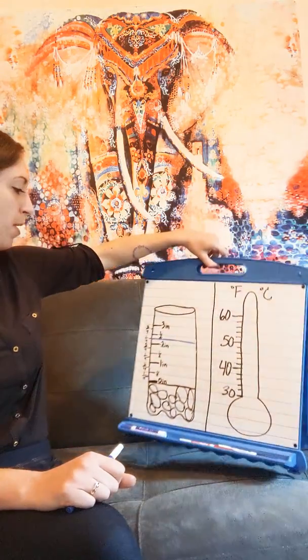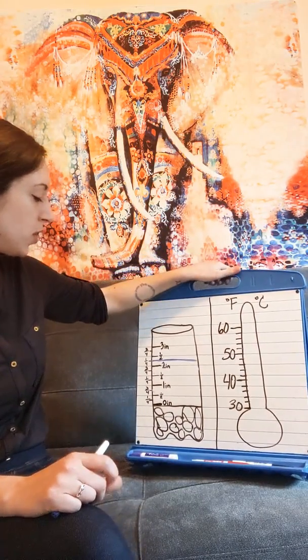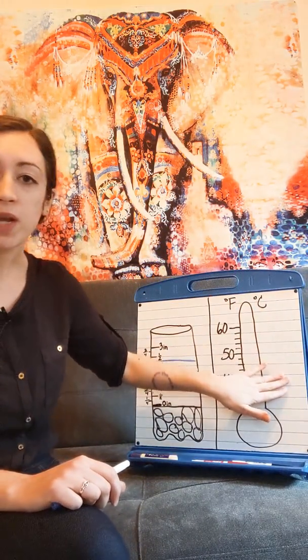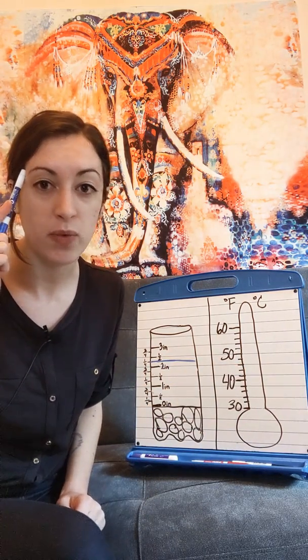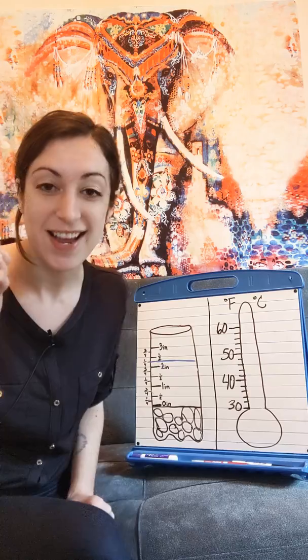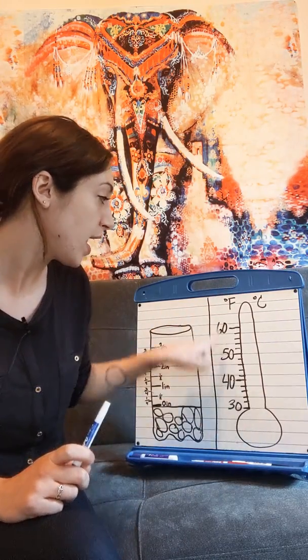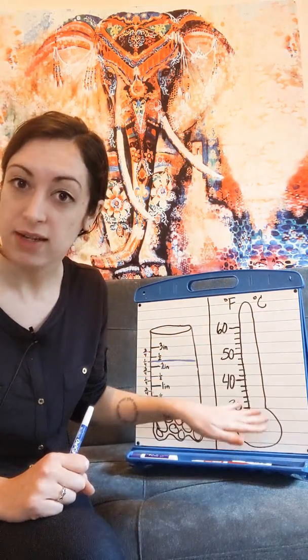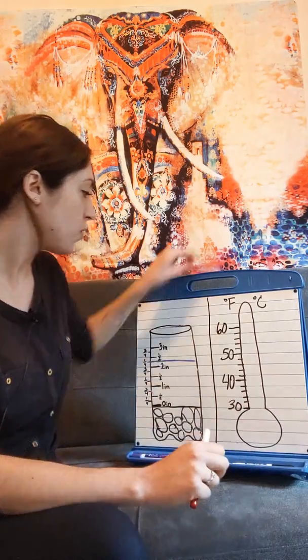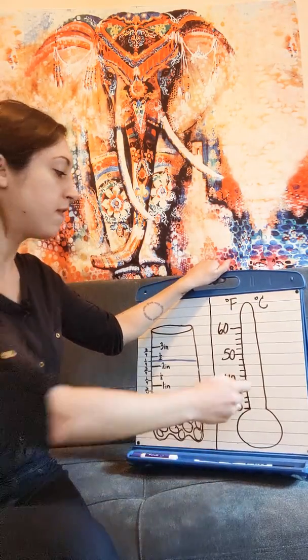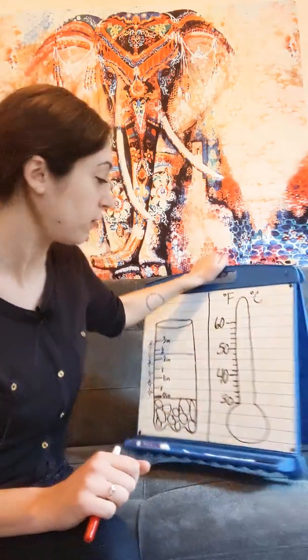Now, the next part is temperature. So this is a thermometer, and I want you to think back to when we were in the classroom last, and we were looking at how to read a thermometer, and you guys did a really great job. So this time, you're going to get to fill in the thermometer yourself.